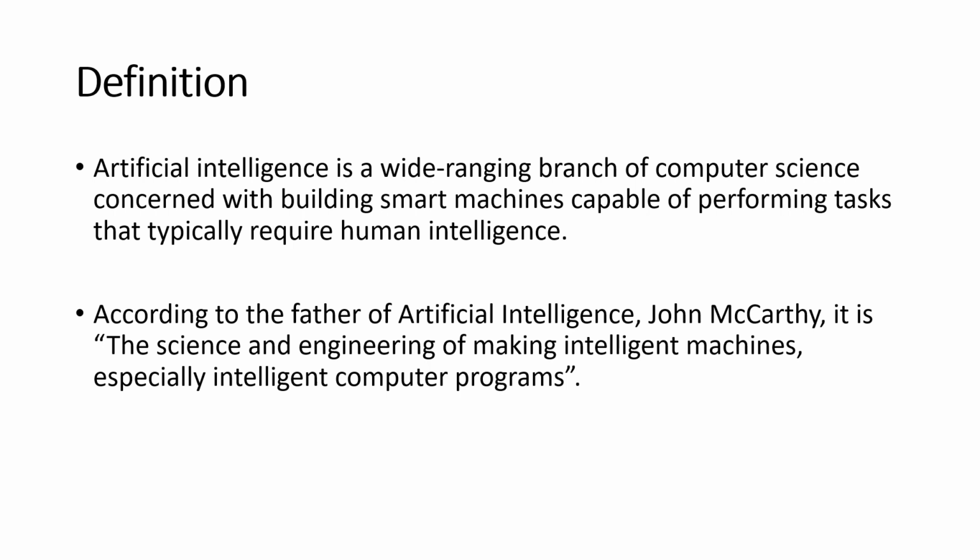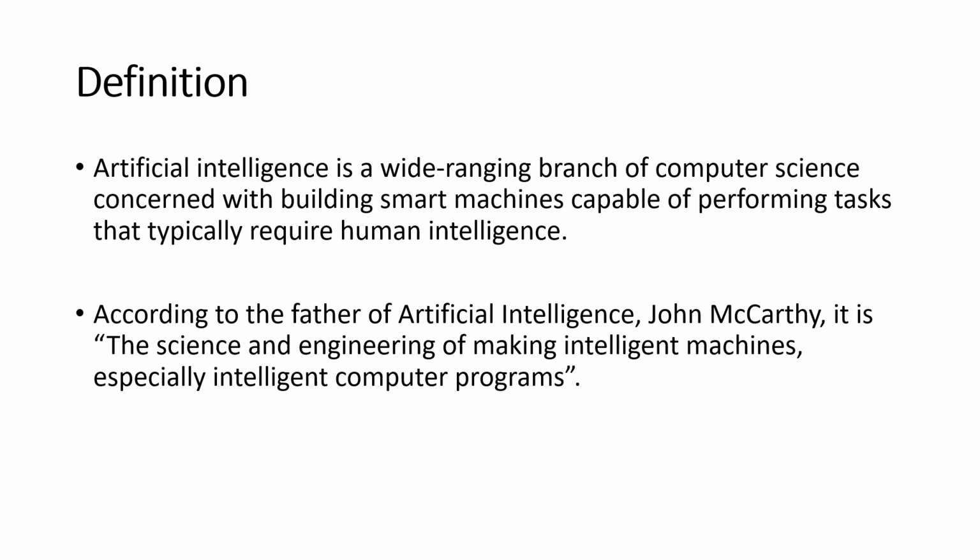Here we can see the words building smart machines. What are smart machines? Smart machines that can learn, decide, and predict. For example, face unlock on phones, Google Maps suggesting routes, Netflix recommendations, spam detection in email.